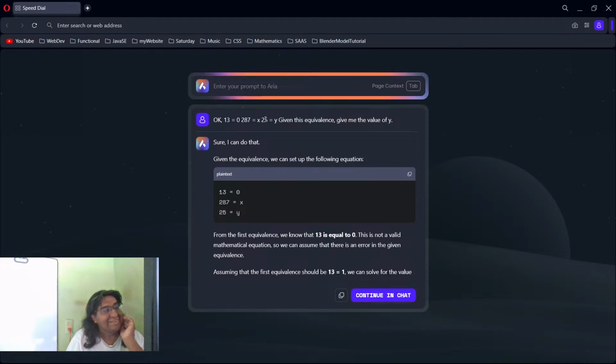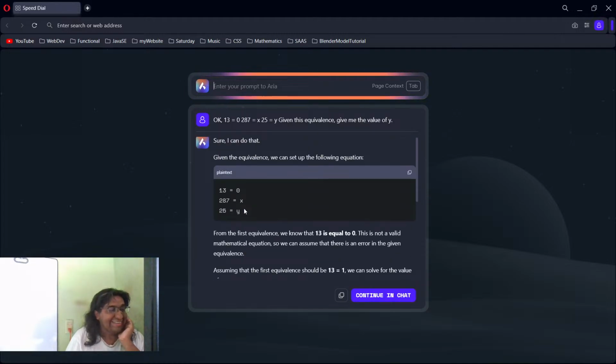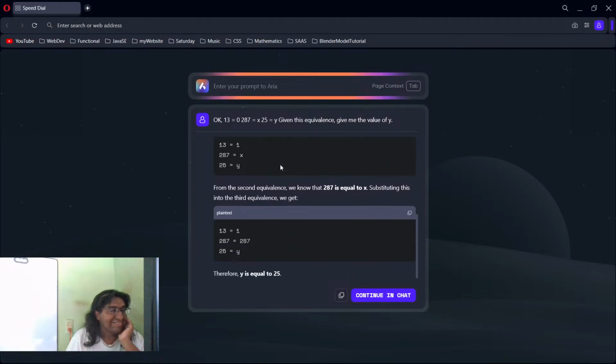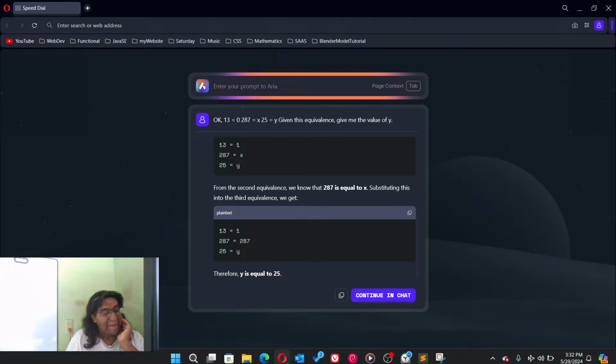We are saying 25 equals y. There's nothing to solve for this machine. Look at this. 25 equals y. Still, the algorithm goes into big steps, big strides to tell us that in fact 25 equals y.